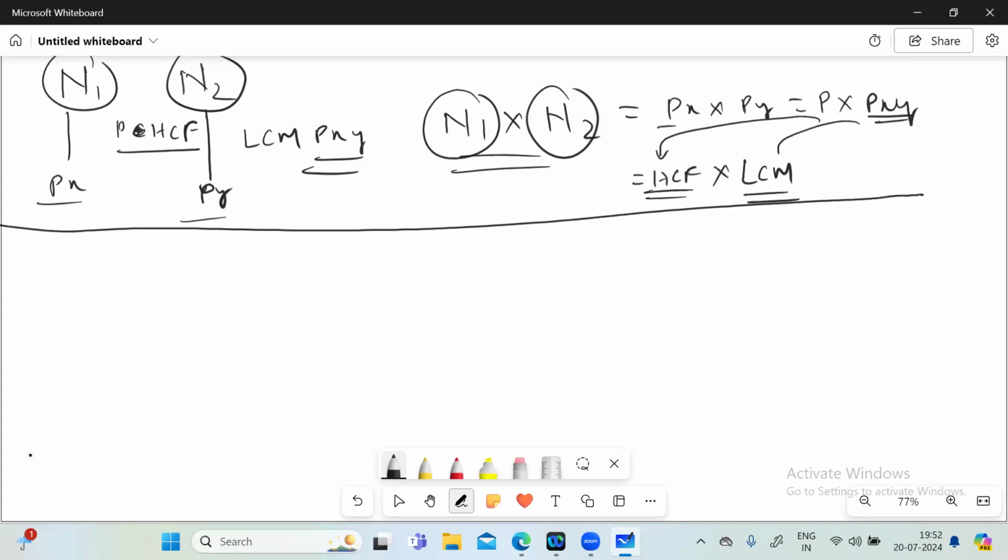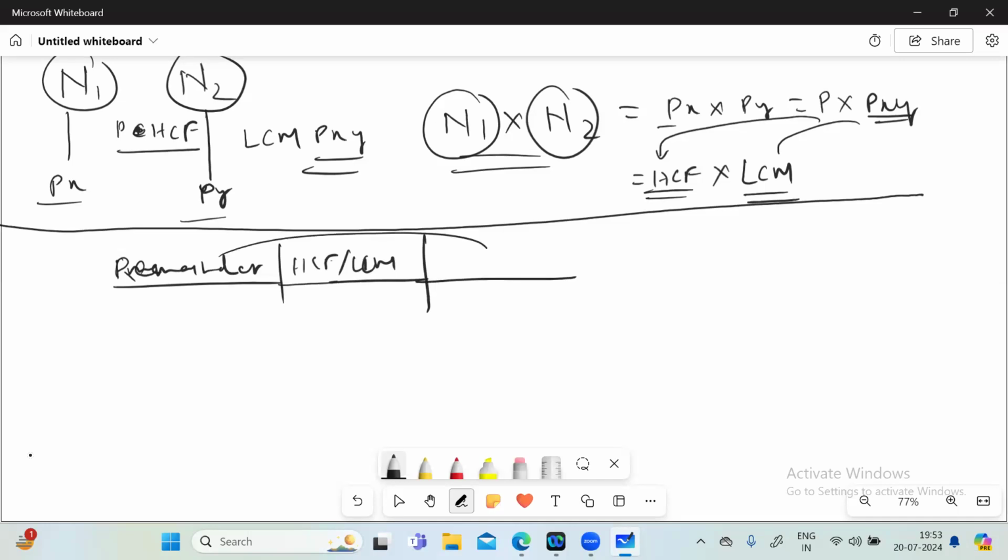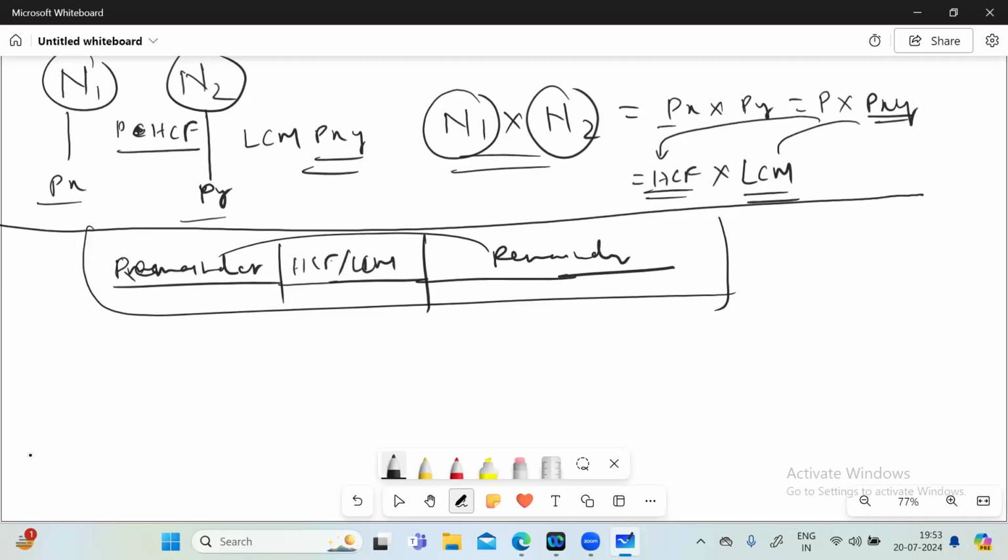In the next class, tomorrow's class, we'll be learning concepts of remainder, because many questions of LCM HCF will have remainder based questions, and then we will solve a few questions or problems of HCF and LCM, and then we will extend our concepts of remainder further. Okay, so this is our agenda for tomorrow's class.